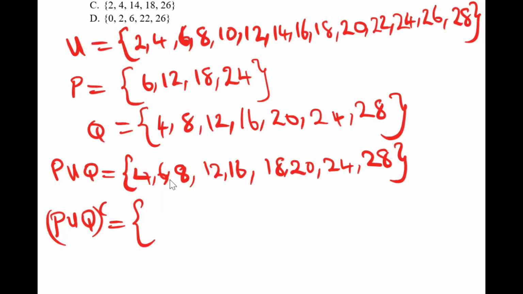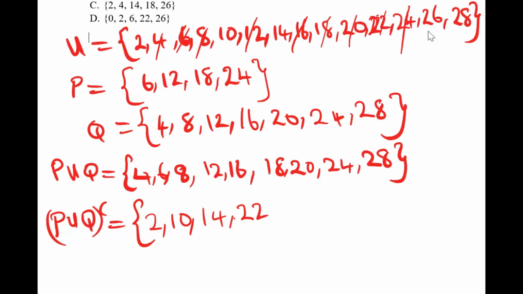We have 2 here and there's no 2 in the union, so write it down. 4 is in P union Q. We have 6 as well, and 8. 10 is not there. 12 is. 14 is not there. 16 is, and 18, 20. 22 is not. 24 is here. 26 is not, then 28.